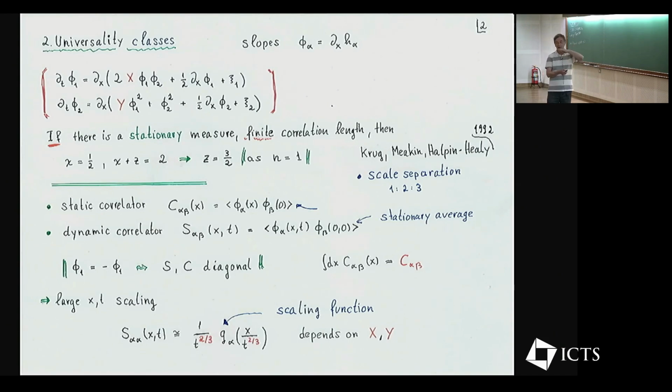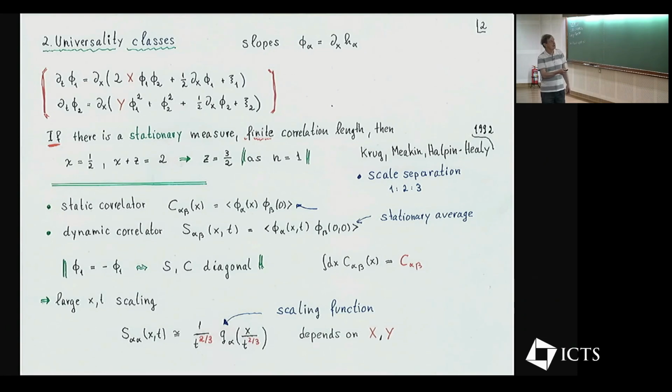So if I look at the steady state, I've written here the equation in terms of the slopes. The interfaces are moving, but the slopes become stationary. So if I have a steady state which has finite correlation lengths, then you can do all these arguments, and you will find again the scaling exponents as for the one component case.